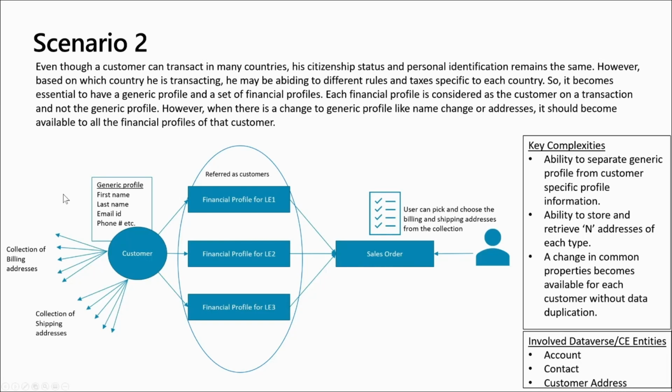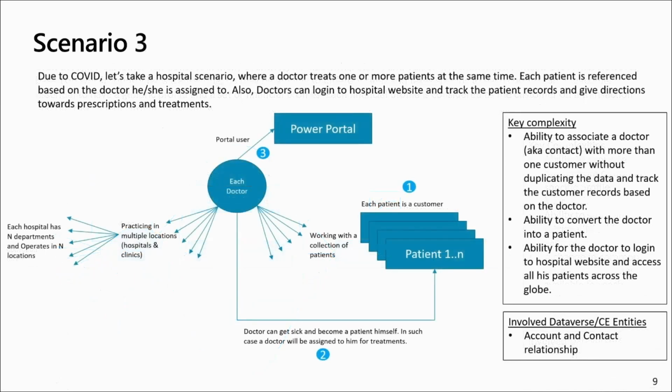There could be scenarios, for example, with the combination of a customer becoming an organization. If that organization has multiple locations and there are specific clients of that organization at different locations, there is the ability to address each option. So, for example, let's think of a hospital scenario with a doctor and patient. A doctor treats one or more patients at the same time.